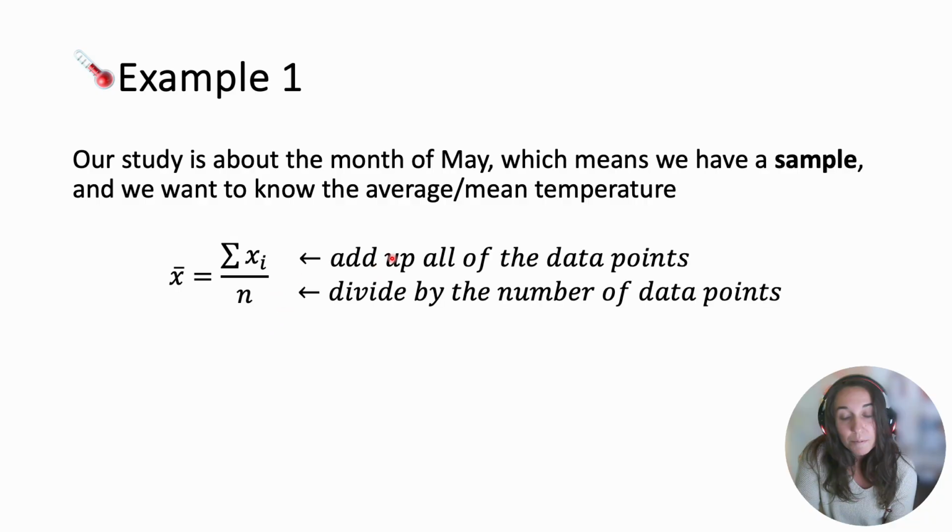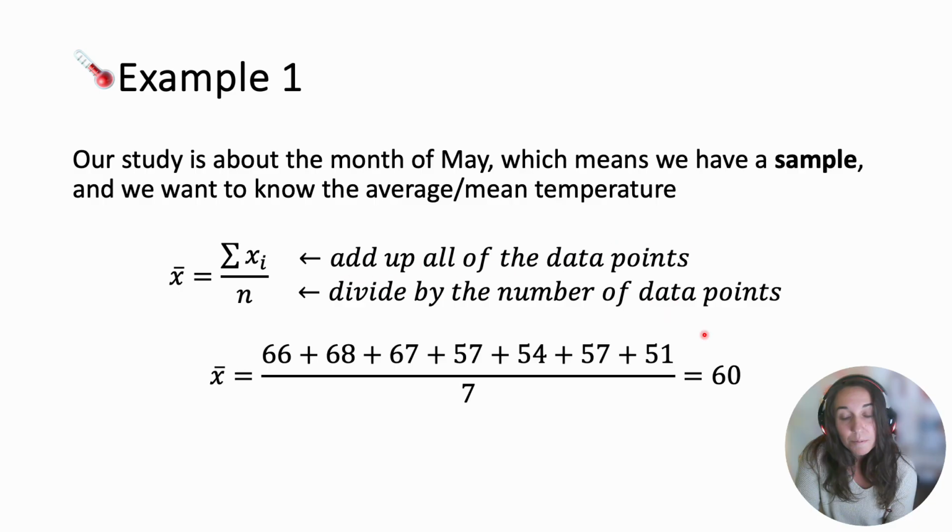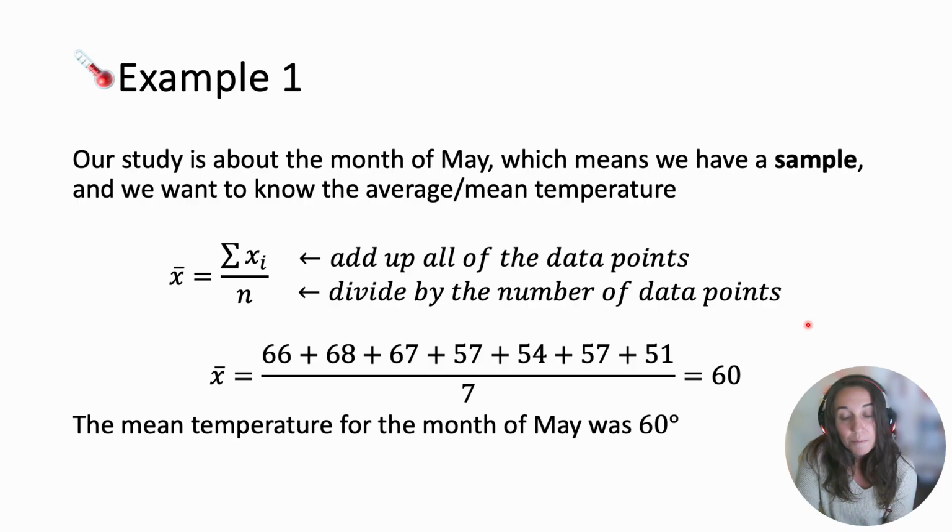So now we're still going to add up all those data points and divide by the number of them. We're still adding up the same numbers, dividing by the same thing, and we get the same answer, but now that 60 degrees is no longer a parameter because it's not representing a population mean.